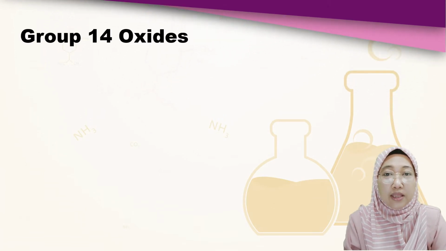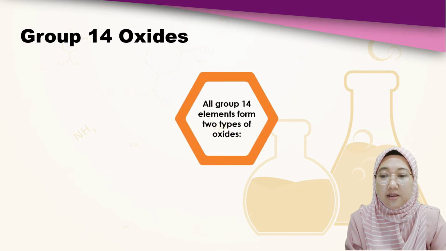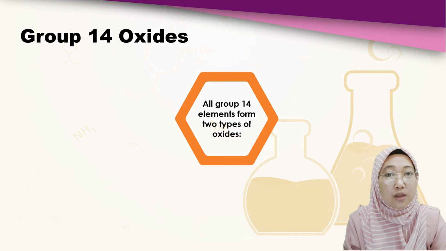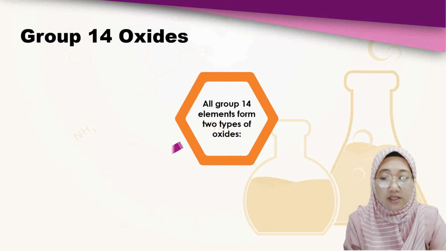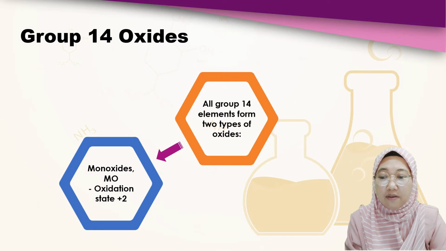Okay, group 14 oxides. Okay, daripada positive 2 and positive 4 oxidation state, okay, kita boleh dapat two types of oxides. Okay, first we have monoxide, MO, with oxidation state positive 2.